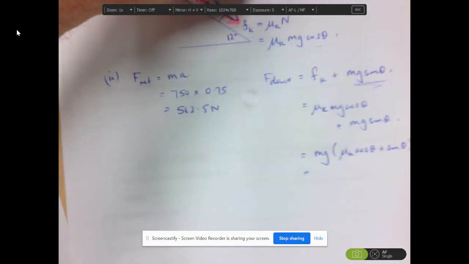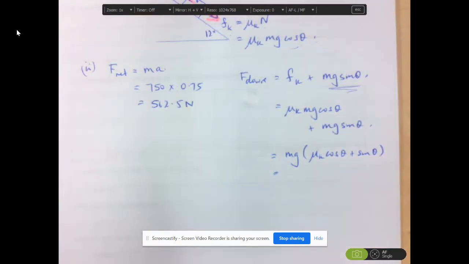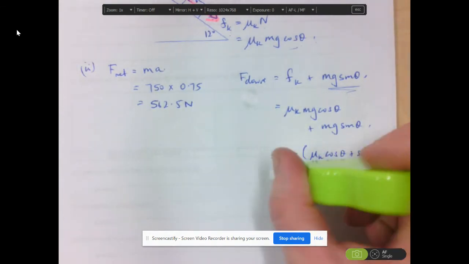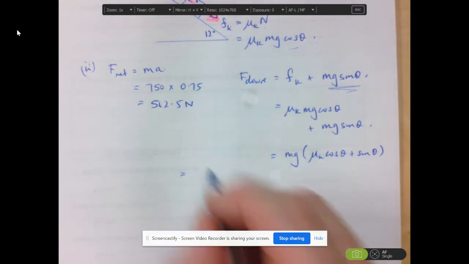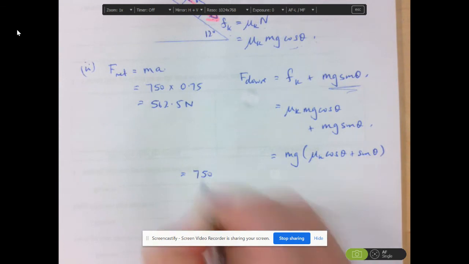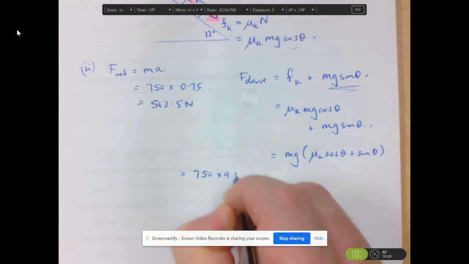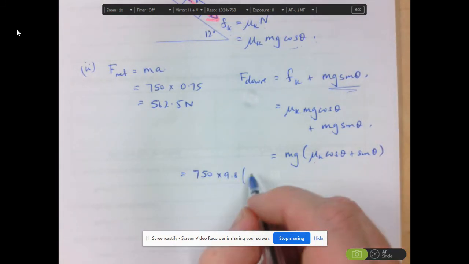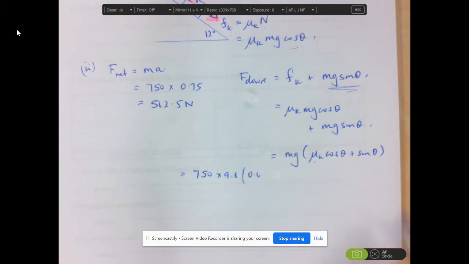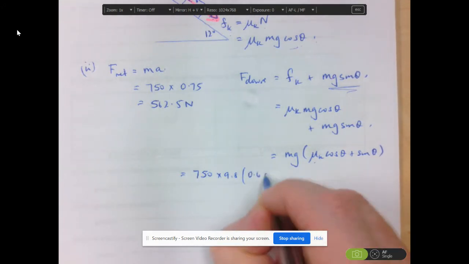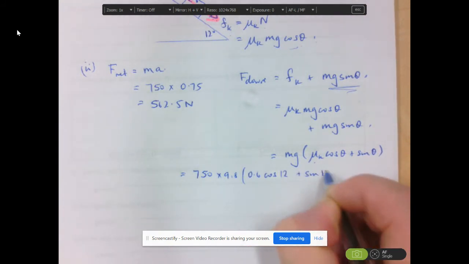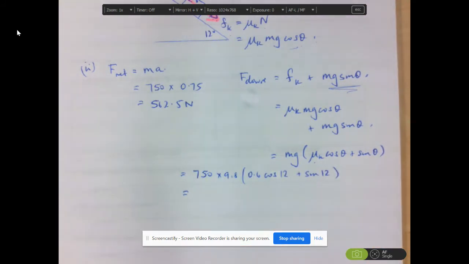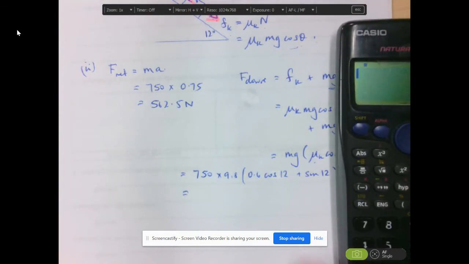Okay. And let's put all the values in there now because we know these. So that would equal the mass of this car, 750, times 9.8, times mu, which is given as 0.6, times cos of 12 plus sine of 12. So let's work those out.